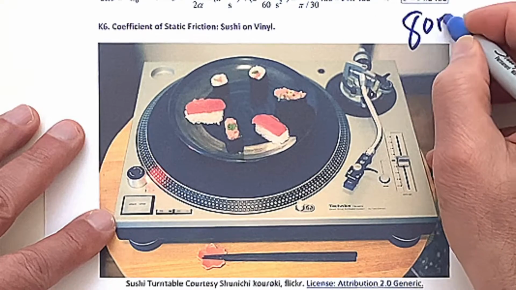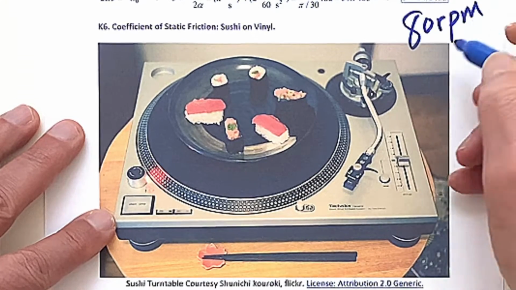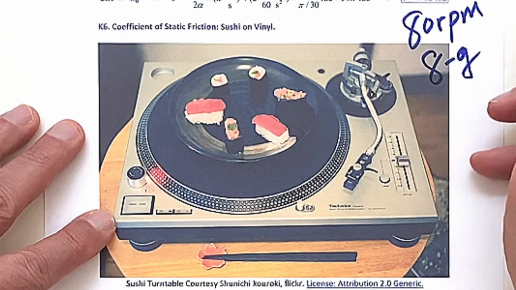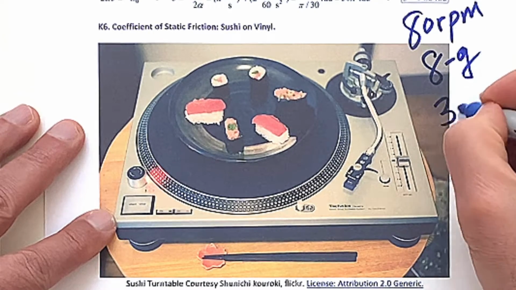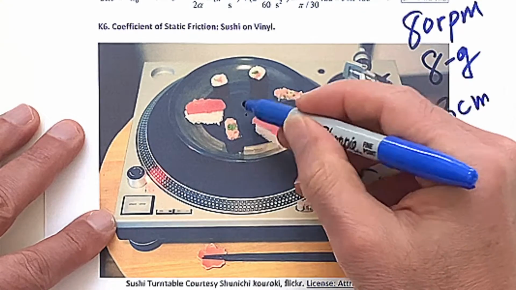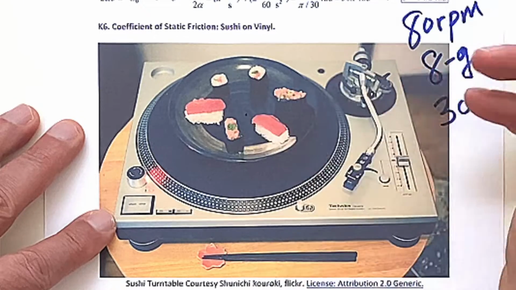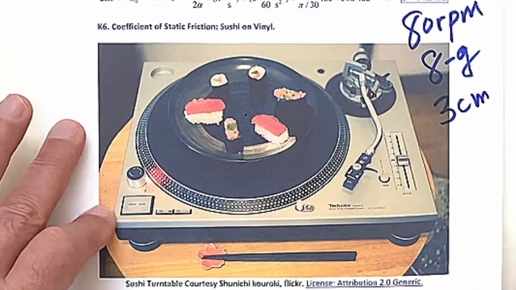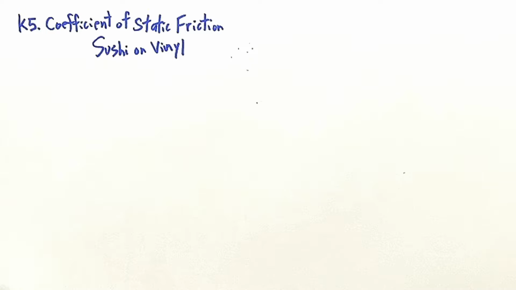With 80 RPMs, we find that an 8-gram piece of sushi, 3 centimeters from the center, starts to slide. What is the coefficient of static friction? Because you reach the maximum, it's starting to slip off.